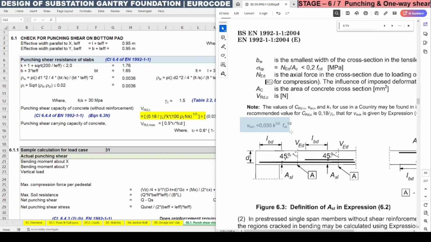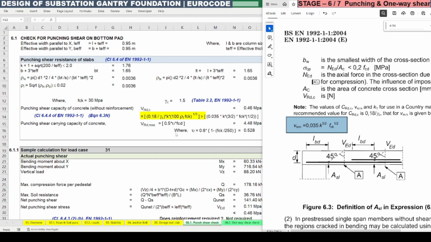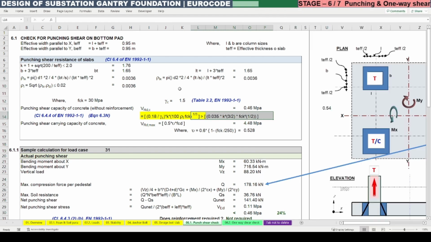So here you can see the equation mentioned as 0.035 K. This is what we have considered in our equation also. So this should be greater than 0.035 K power 3 by 2 into fck power half. So this is what is here.